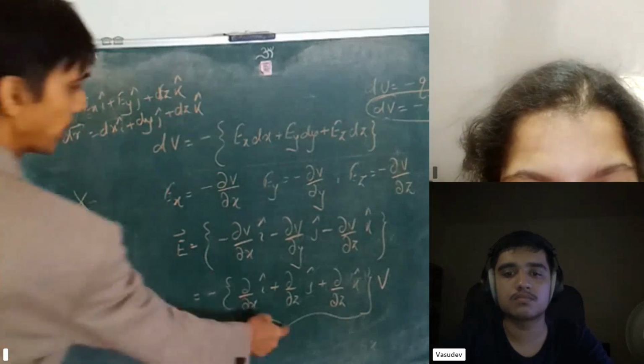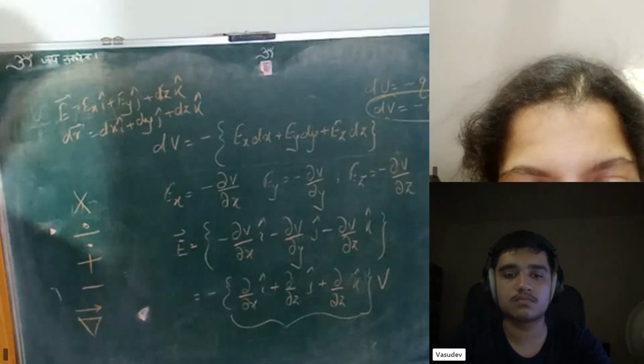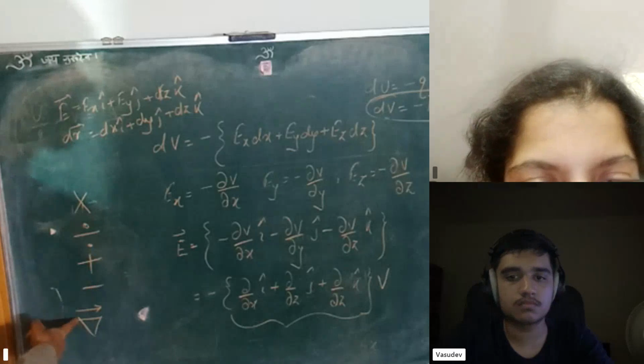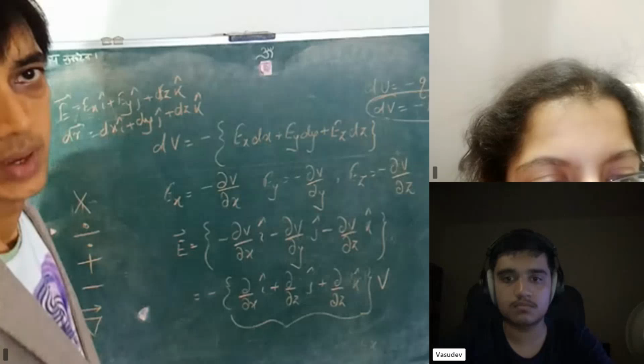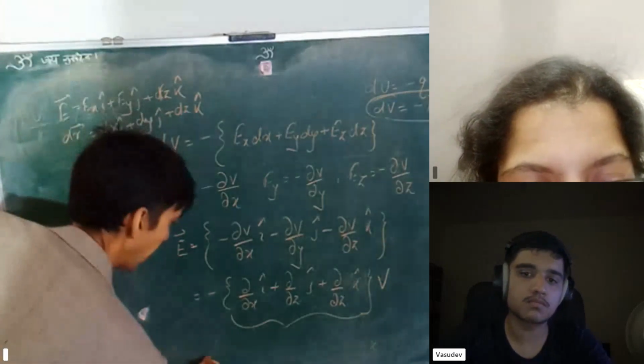So for this operator, we have a symbol. What is that? There is a name for these symbols. For this operator also there is a name. It is called gradient, or in short, grad. How do we then write it down?